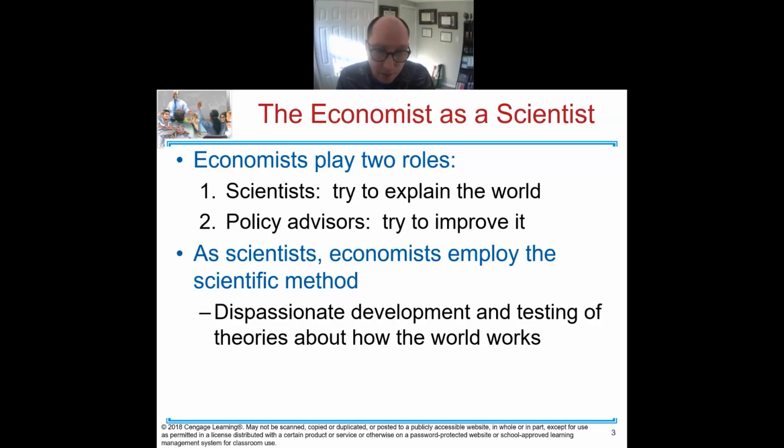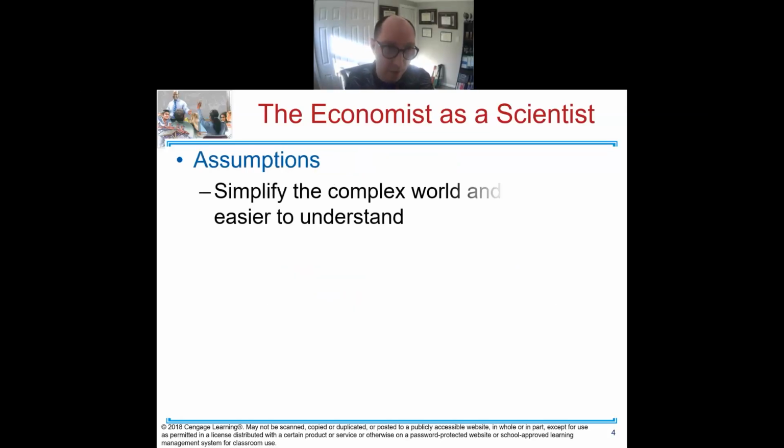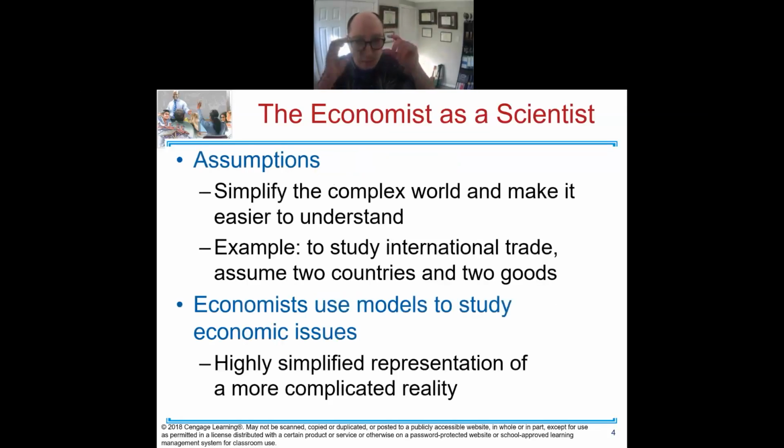So the idea behind it is they look at testing theories out and trying to better understand how the world works, right? We know that the world is complex, so that's one of the assumptions. And economists try to make the world easier to understand. And to do this, they study things like international trade. The word international simply means between two or more countries.